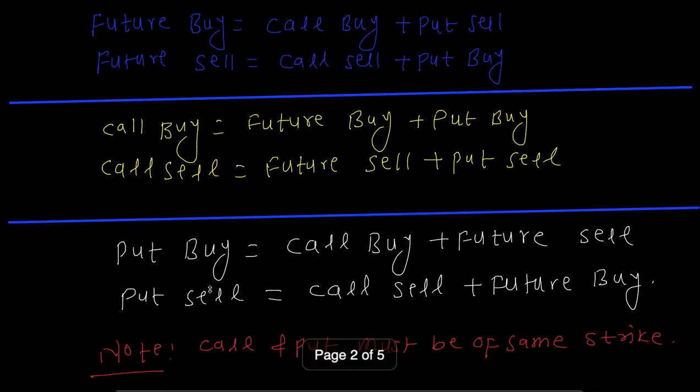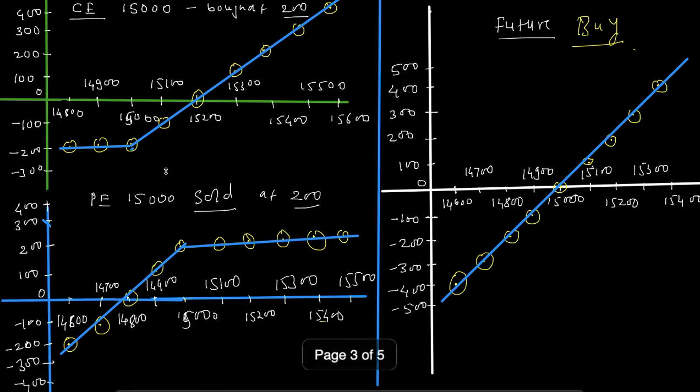Now, before going into the formula, let me show you something. If you look at this graph, this is a payoff graph for the call option, call buying. We are buying a 15,000 call option here, which we are buying at rupees 200.